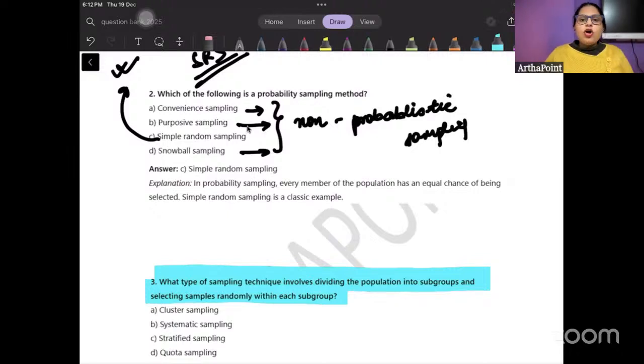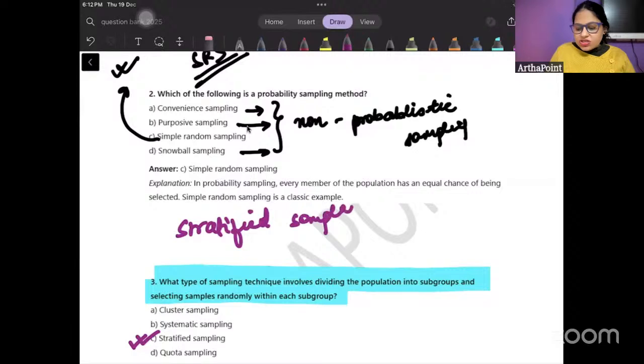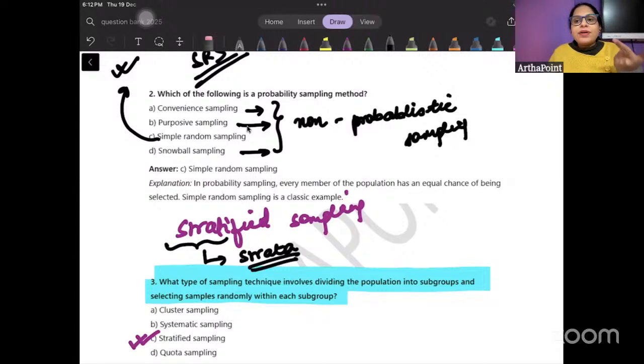All of you are absolutely correct. The correct answer is C, stratified sampling. Now what is stratified sampling? In stratified sampling, we create something known as strata. These strata represent a particular subgroup.